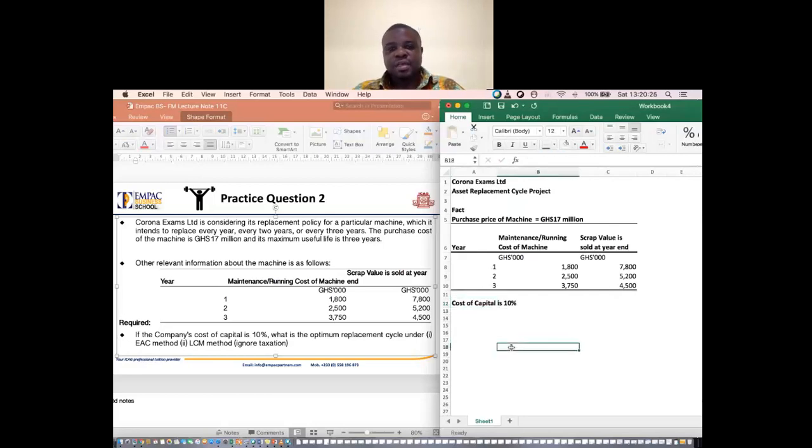So we are to determine the most acceptable cycle of replacing the asset, given the following information and the cost of capital of 10%.